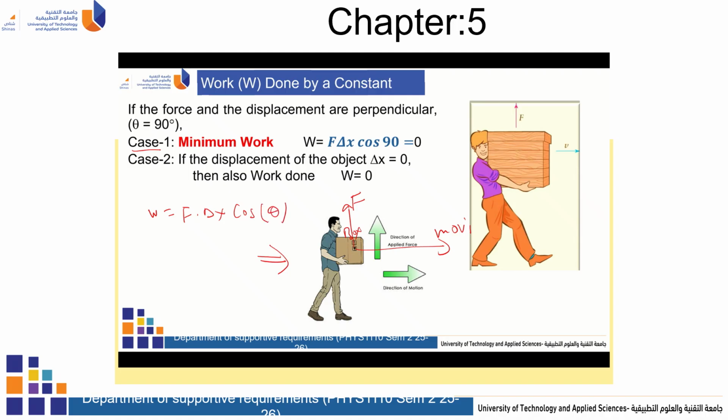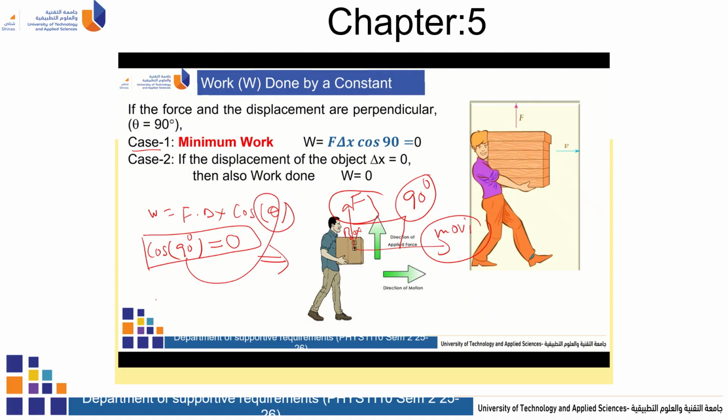Here we have to see the angle between the direction of the force and the direction of the motion. Here the angle is 90 degree. If I put 90 in the cosine, cosine 90 degree is 0. So the work is going to be minimum, and the value of the work is 0.